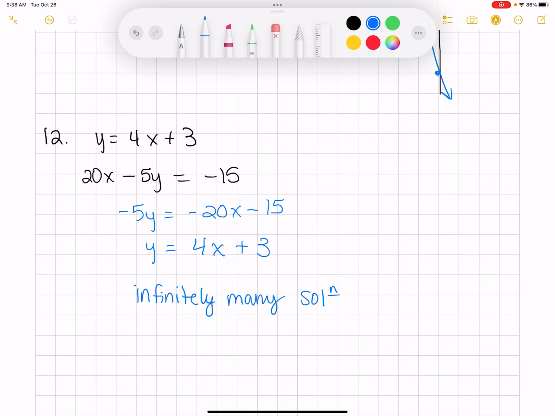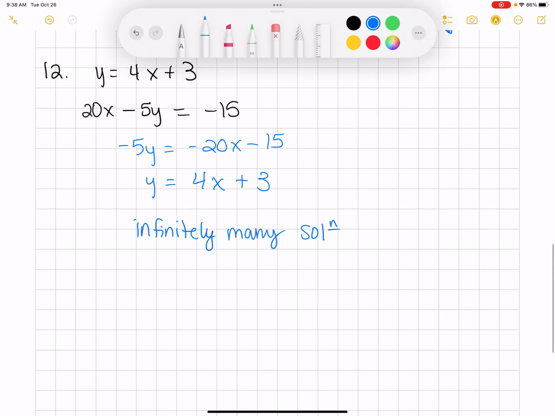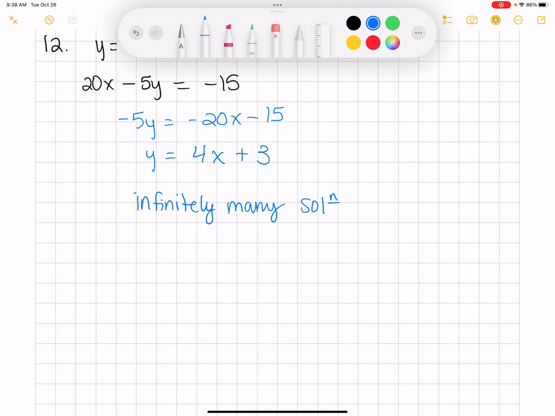I'm okay with you doing them algebraically. Ultimately, we will do them algebraically, like next section, by one of those other methods. So I'm going to show you a couple now, but it'll come up again in the next section. This is just getting you a little bit of a jump start. You're more than welcome to do them by graphing, but typically if that's all it's asking, I would do it algebraically.